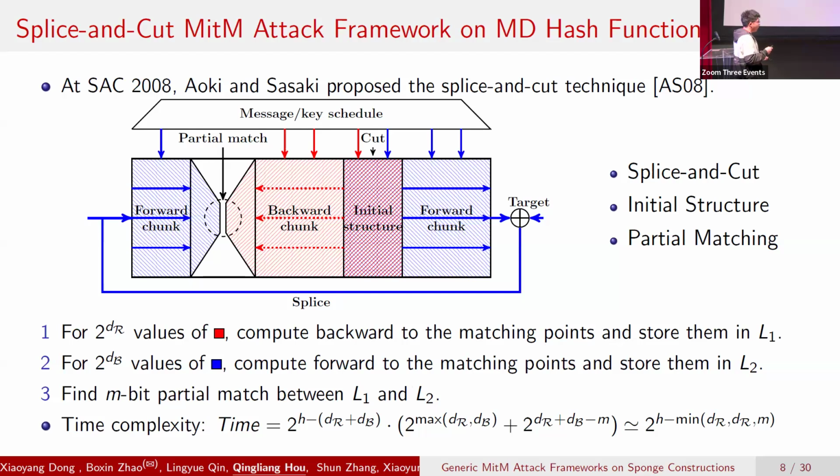Steps 1, 2, 3 are called one meet-in-the-middle episode. To find an H-bit target, at least 2 to the H minus DR minus DB episodes should be performed. Compared with brute force, the overall time cost has an advantage of the minimum of DB, DR, and M.